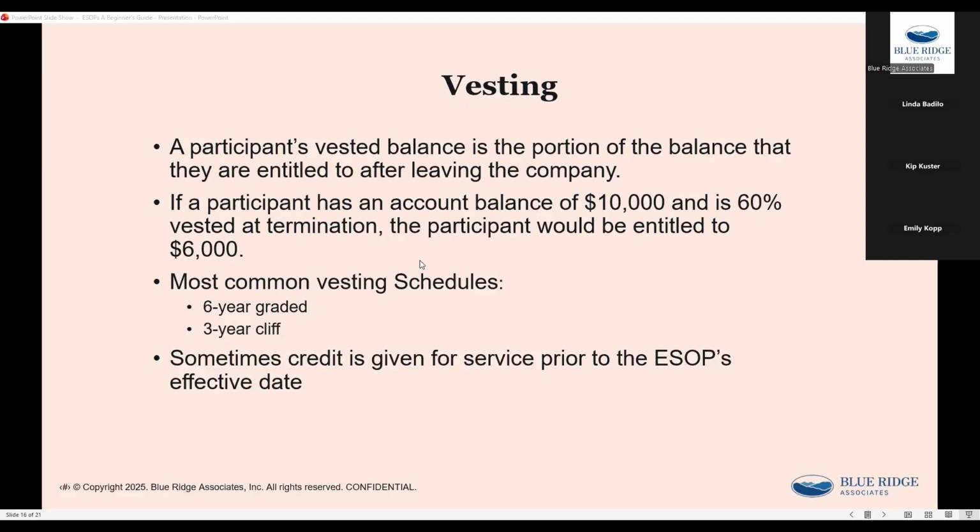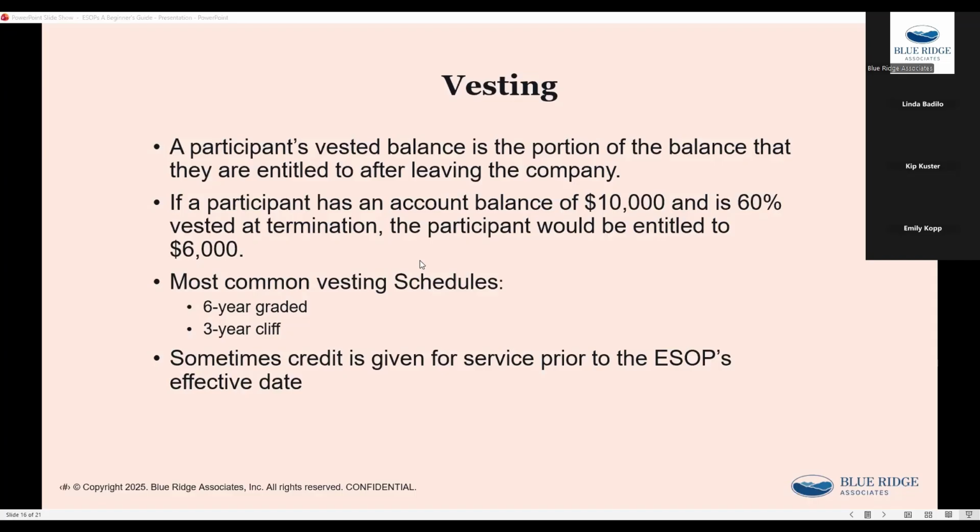Vested percentages are generally based on an employee's service. So as an example, if a participant has an account balance of $10,000 and they're 60% vested when they terminate employment, the participant would actually own $6,000 worth of their account, and the other 40% would be the amount that eventually becomes forfeited under the plan's rules.